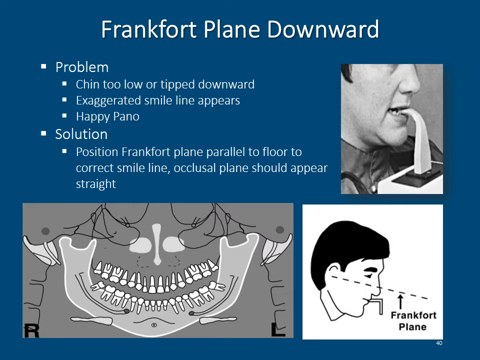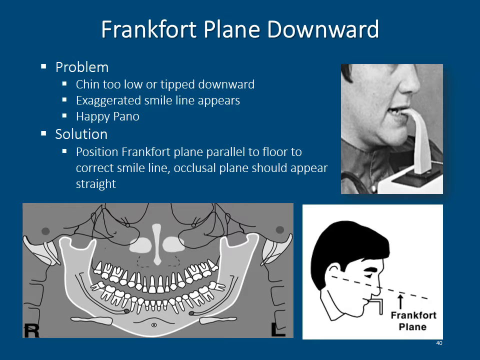Let's take a look at the Frankfurt plane when it is too low. When it's dipped downward, we have an exaggerated smile line that will appear. We have a happy pano. Again, the Frankfurt plane does not remain parallel to the floor as the patient's position is established in the panoramic machine. The chin is slightly tucked downward into the neck, and then it encourages a happy pano.